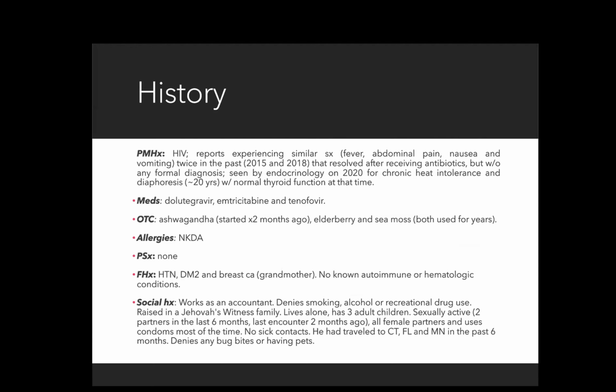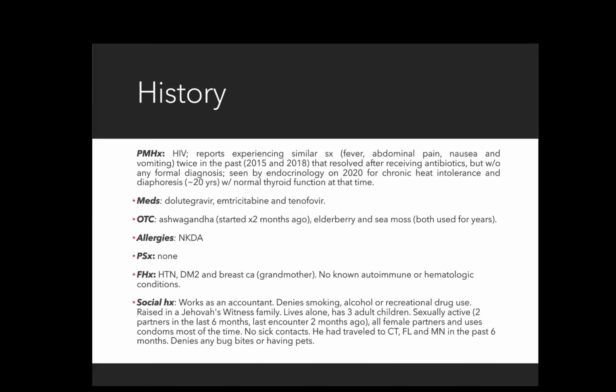We don't know exactly, he just mentioned that he was treated with some antibiotics and it resolved, and that's all we know. Medications, you can see those: dolutegravir, emtricitabine, and tenofovir. And over the counter, he was taking some ashwagandha, elderberry, and zinc. Allergies, nothing. Surgeries, none. Family history, he just reports hypertension, diabetes, and no autoimmune or hematologic conditions.